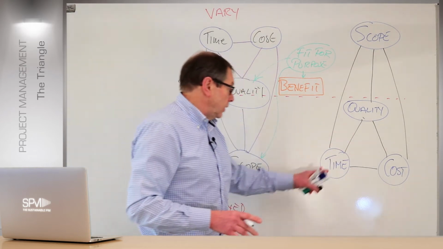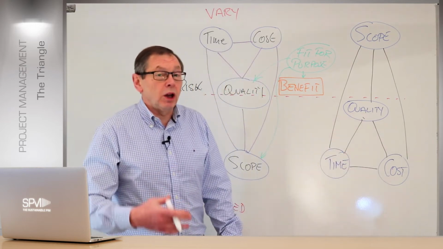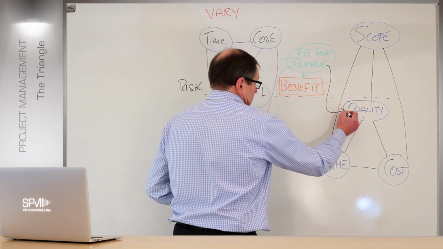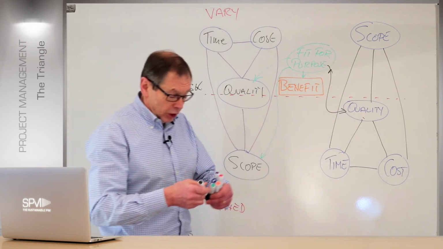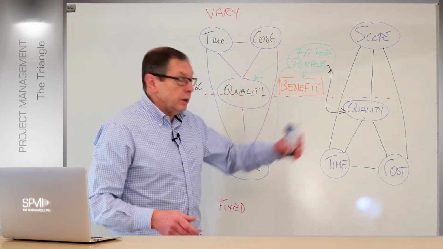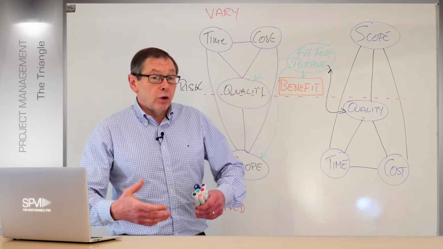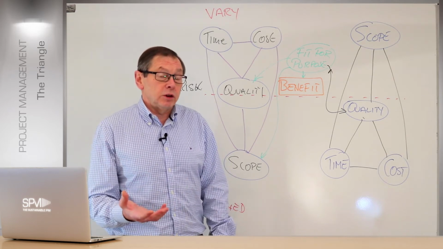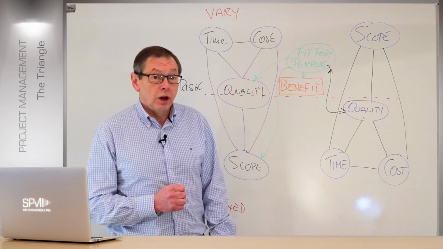And the point here is these 3 here should be locked in. We've got to have a fit for purpose solution. It needs to be fit for purpose. Right? We've got to lock time and costs in to make sure that we don't go over the boundaries and therefore past the point of no return where the project may not work anymore or not realise the beneficial change. Could we miss the deadline, for instance?